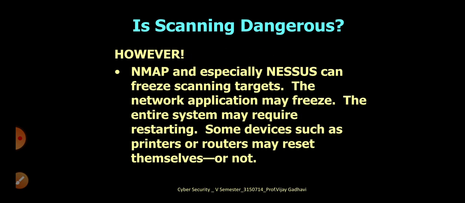However, NMAP and especially NESSUS can freeze the scanning target. The network application may freeze. The entire system may require restarting. Some devices such as a printer or router may reset themselves or not.